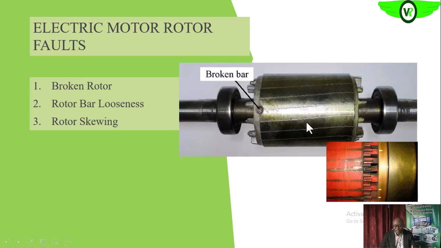The summation of the magnetic fields eventually determines the strength of the magnetic field created around the rotor. So once we have a broken bar like this, that will reduce the strength of the magnetic field that will be created. That will affect the efficiency of the electric motor.